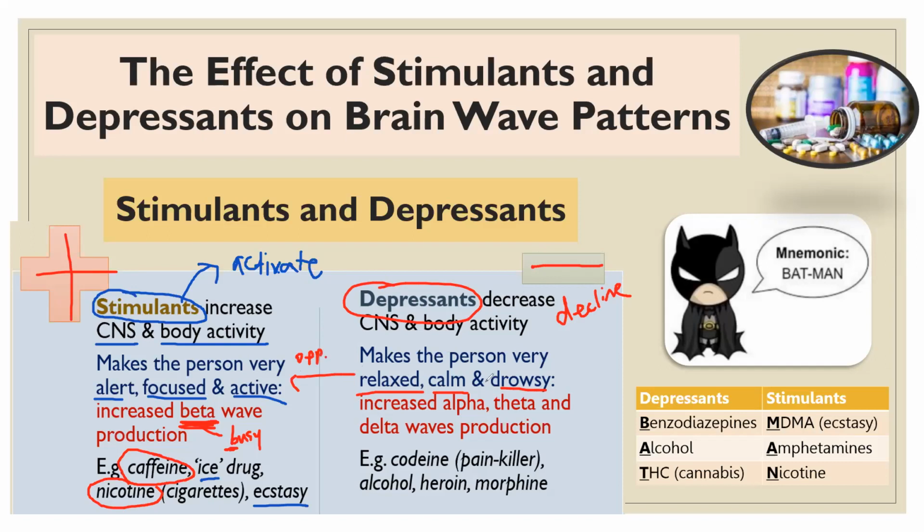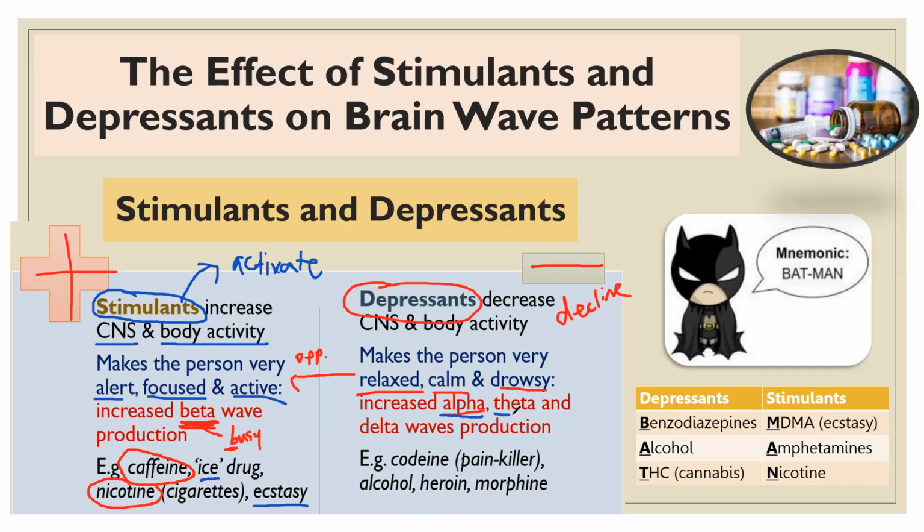Why are they going to feel relaxed, calm, and drowsy? Because depressant drugs like alcohol, heroin, morphine, and codeine actually increase the brain waves associated with sleep. Alpha is the brainwave associated with feeling drowsy, like you've got to go to bed.